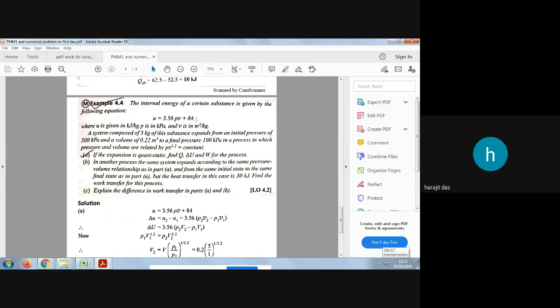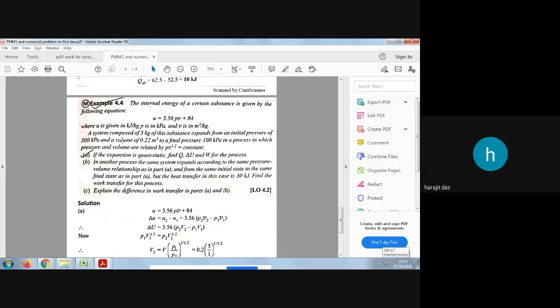Why is it kilojoule per kg? Because it is specific internal energy. In volume, the per kg term is there too. Basically the unit of volume is meter cube, centimeter cube, like that, but here it is written as meter cube per kg because it is specific volume. Small v is used.